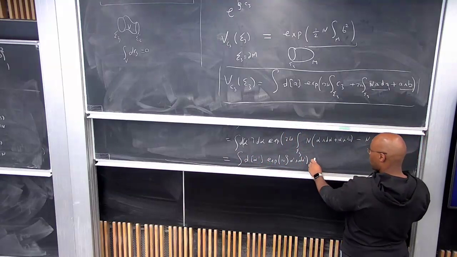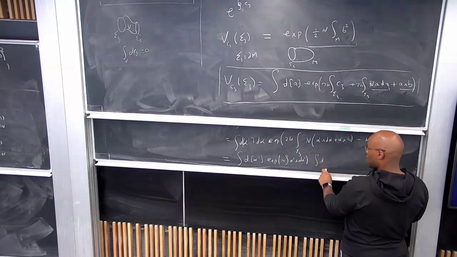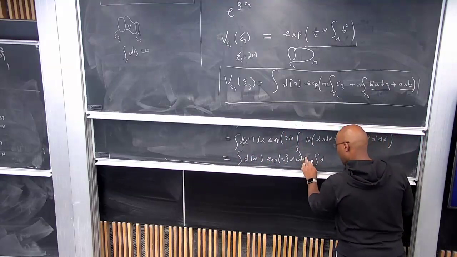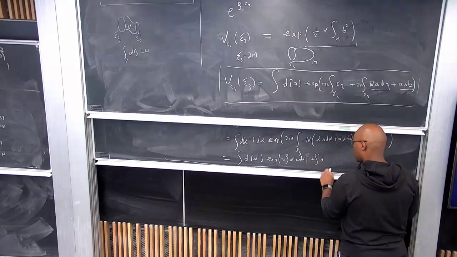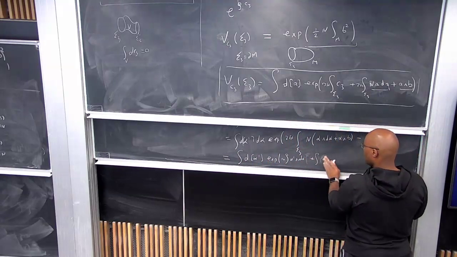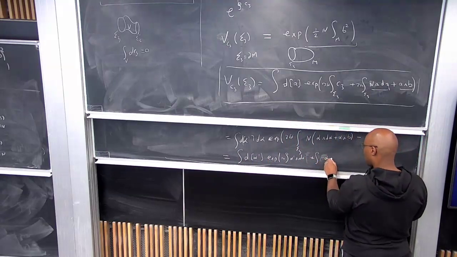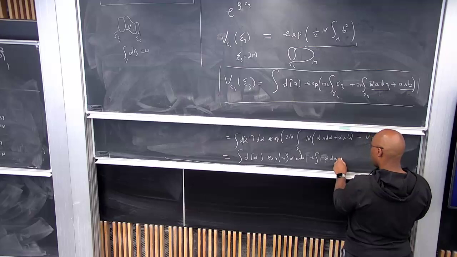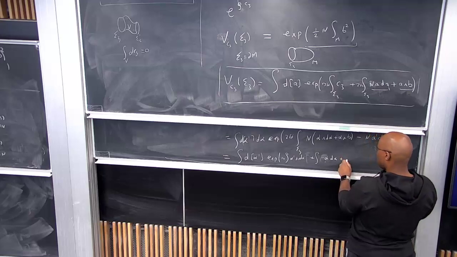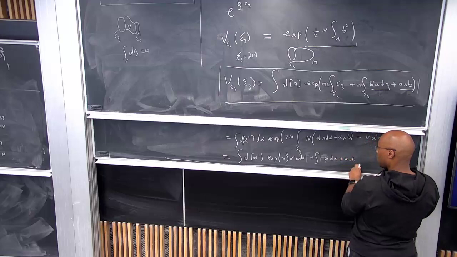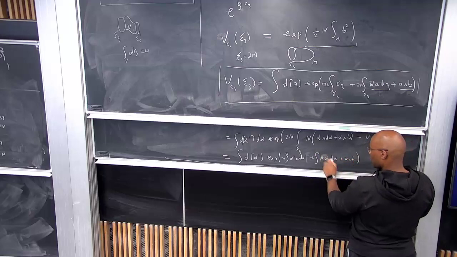And then you have another piece. So this is alpha prime d alpha prime, plus another term, which would be alpha d alpha plus alpha wedge b. Is that correct?